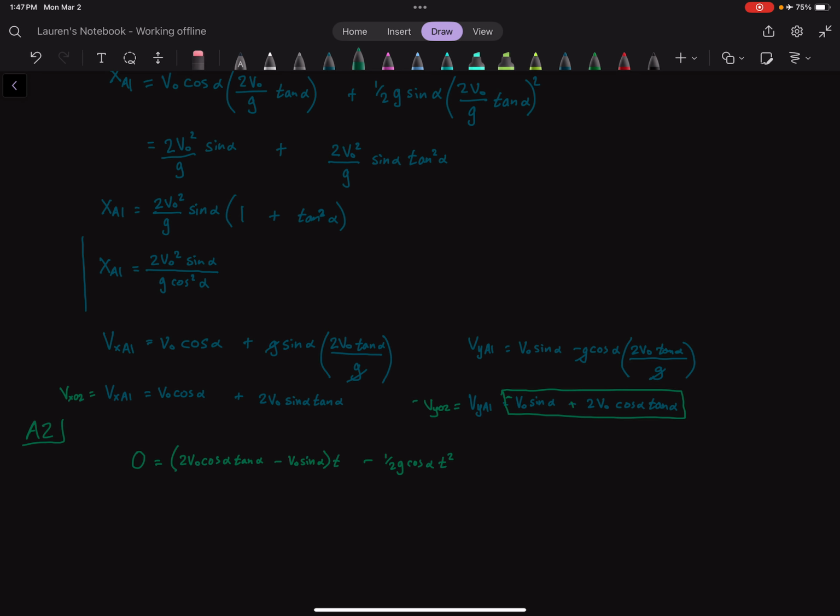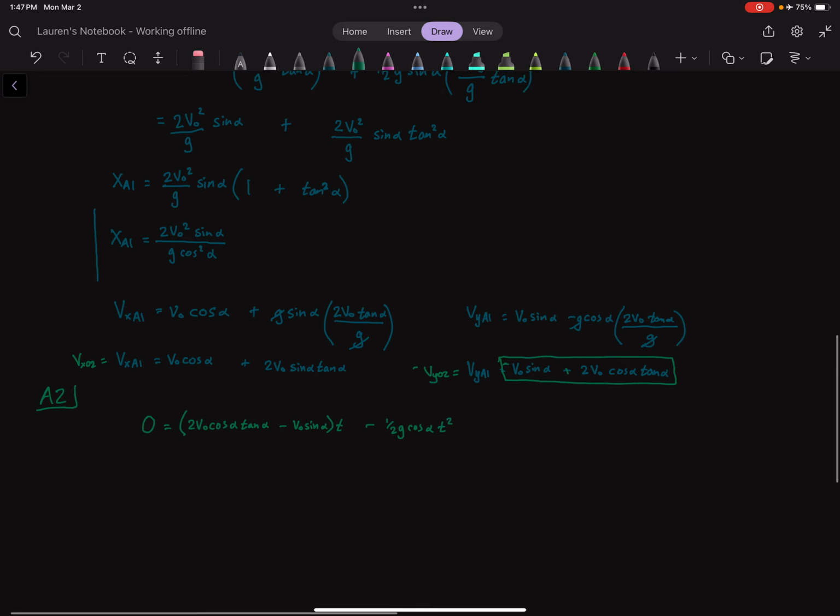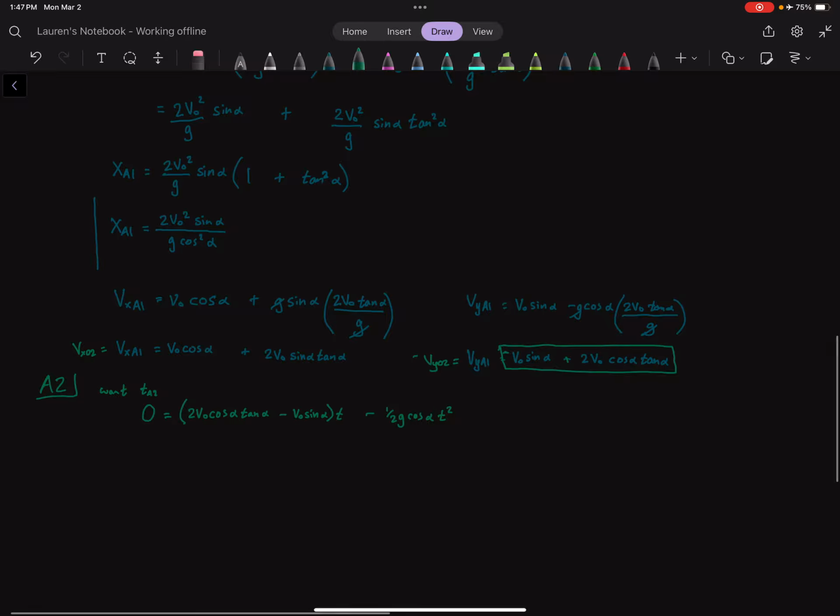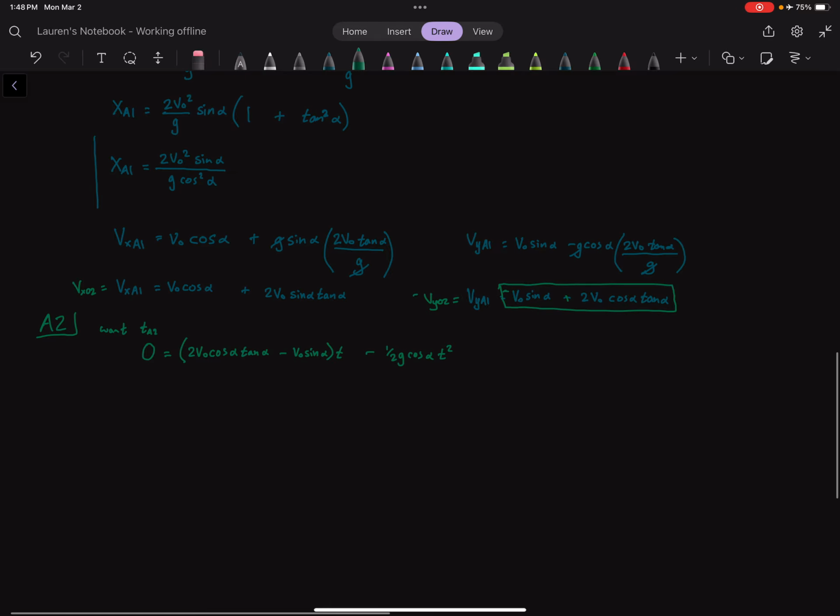Just t squared. And what we're trying to find here is t at A2, right? So we're back to everything that we know. We know alpha and we know v naught, like the actual just v naught, not v naught 2 in this equation. And the only thing that we have as an unknown is t, right? So t is going to be equal to 0. That's going to be t at A1, by the way.